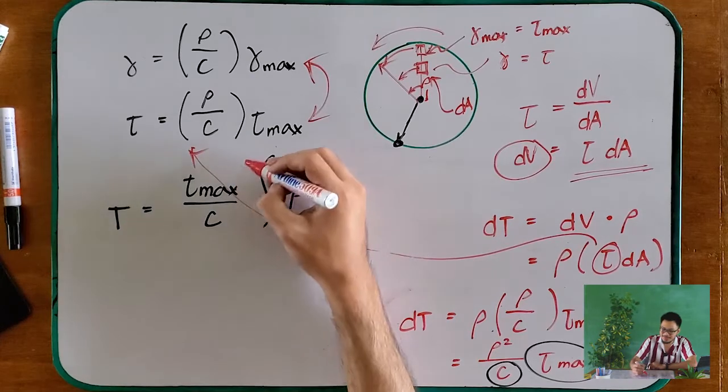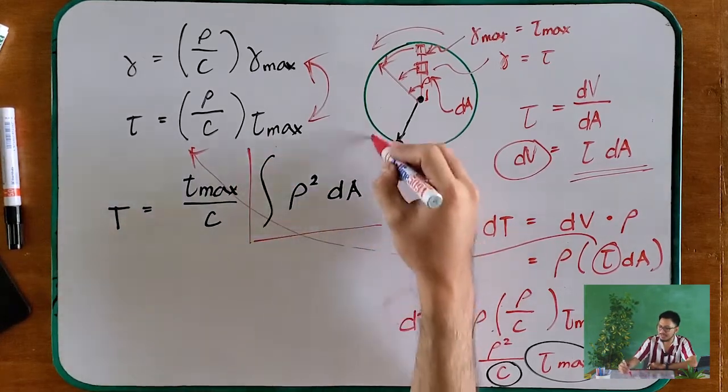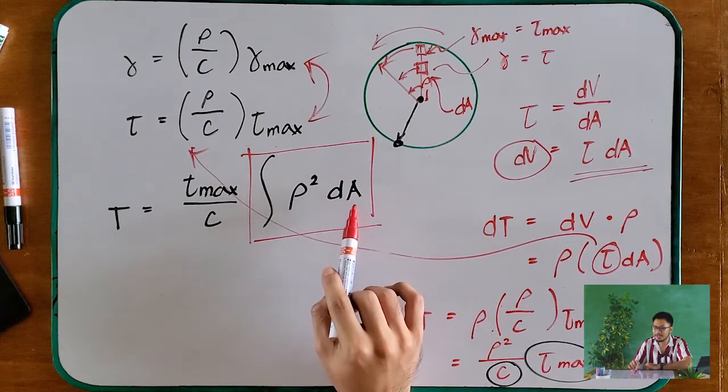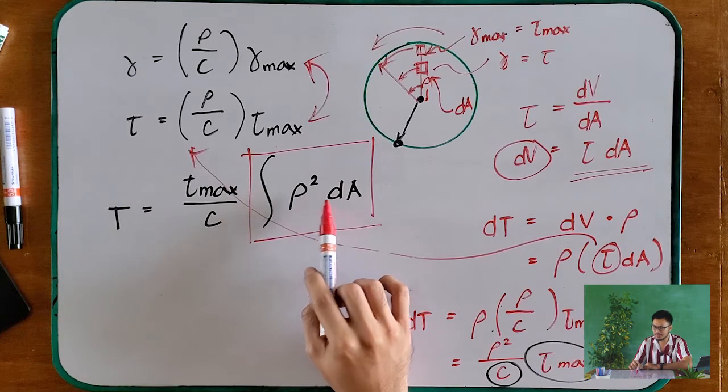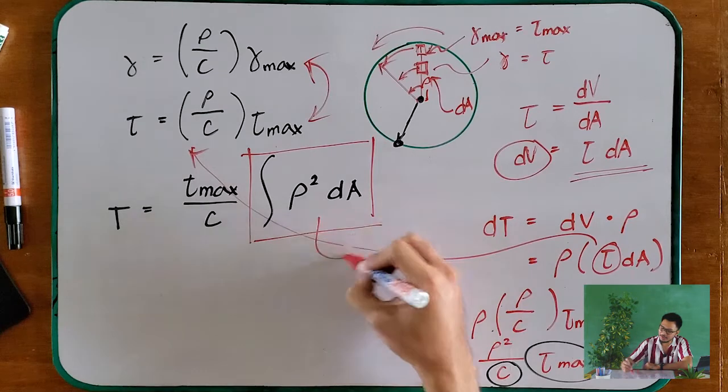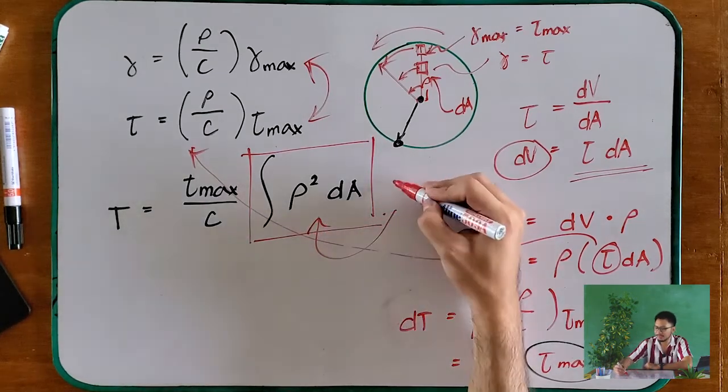Okay? So, what is this? If you can observe this one, this is familiar from your statics of rigid bodies. This form, do you remember from our statics before, we had r squared dA, or x squared dA maybe. I forgot. But, as you can recall, this one is your moment of inertia.